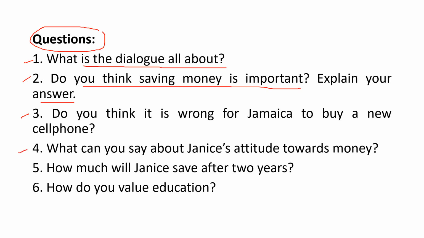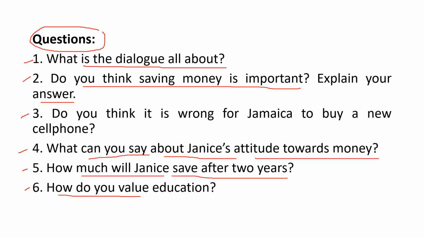And fourth, what can you say about Janice's attitude towards money? Number five, how much will Janice save after 2 years? So what will be the future value of what Janice deposited on that cooperative bank after 2 years? And for the last question, how do you value education?